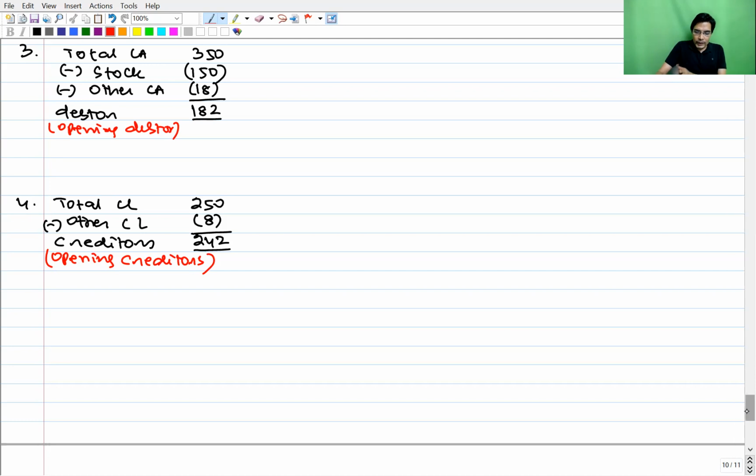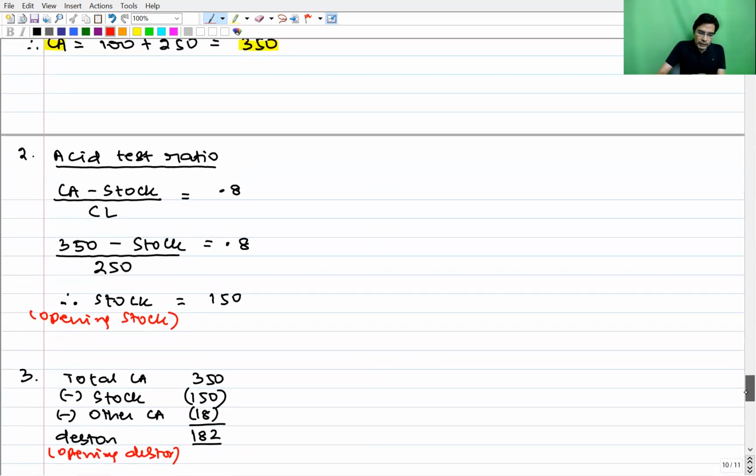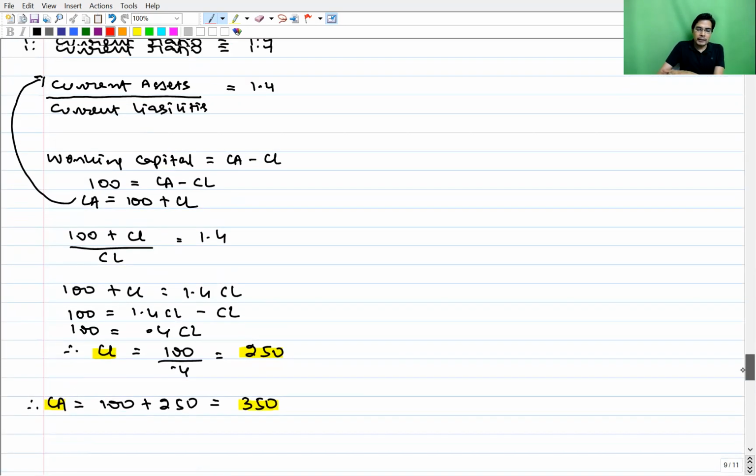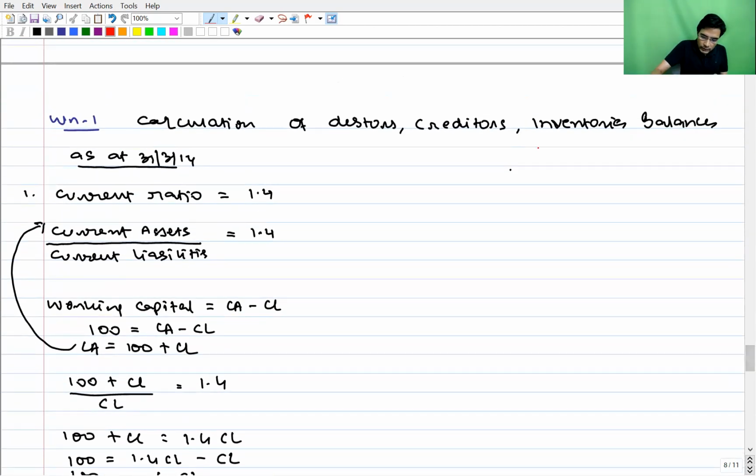Brothers and sisters, now we are going to do the same calculations at year end to find out the closing balances. So on the right hand side, I'm writing, as at 31st March 2015.